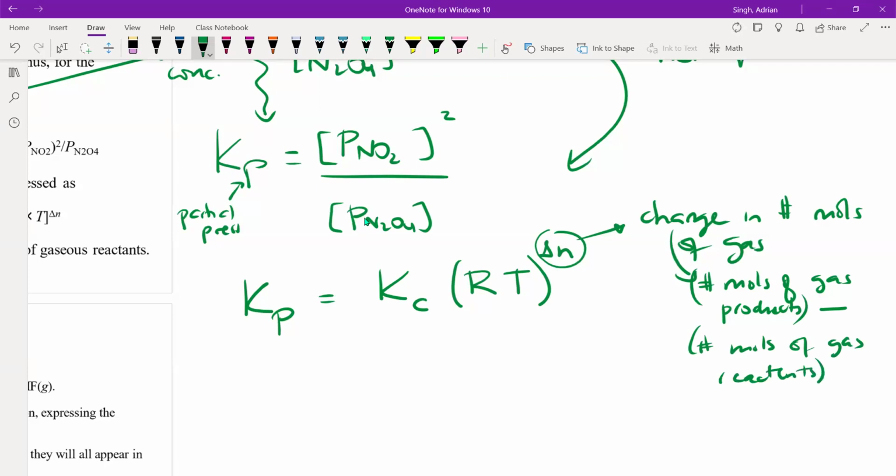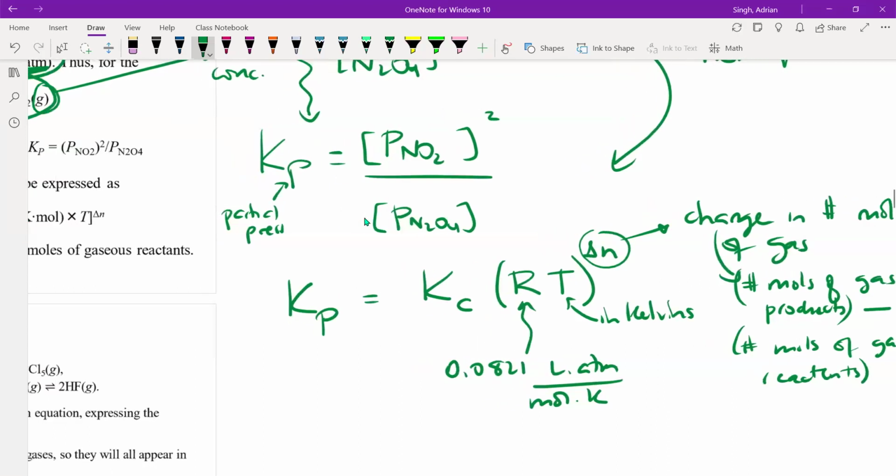Okay, and in this particular expression here, your R value, that's the gas constant, and the value that we're using is 0.0821 liter atmosphere per mole Kelvin. And then your temperature here is in kelvins, so you need to convert it. If it's in Celsius, we add 273 to it to get the Kelvin temperature.